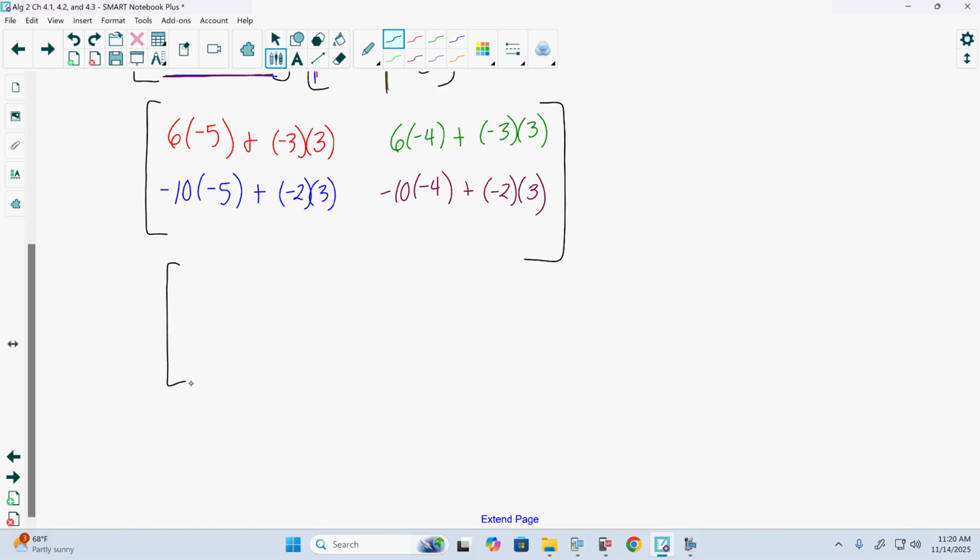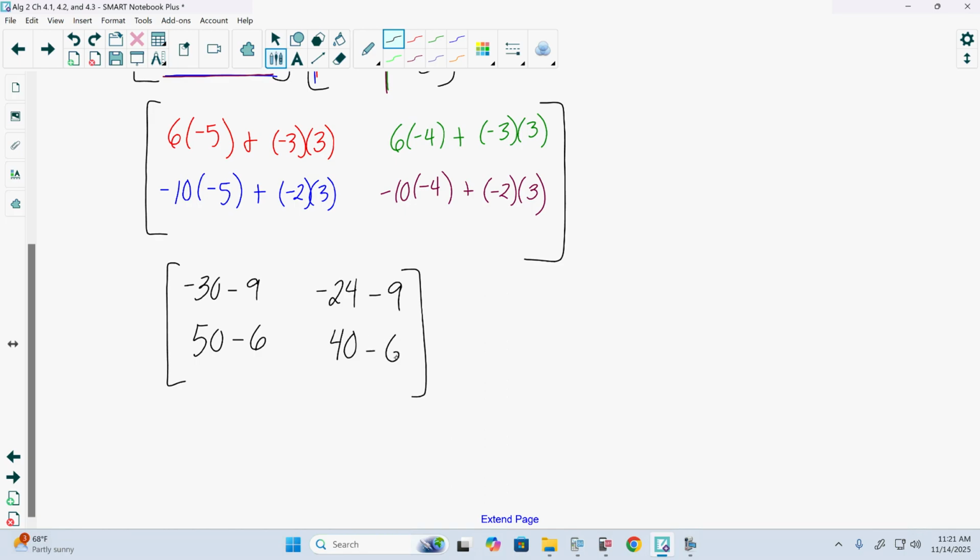Now at this point, I would just take each of those lines, 6 times negative 5 plus negative 3 times 3, just type the whole thing in, let it do it for us. But 6 times negative 5 would be negative 30. Negative 3 times 3 is negative 9. 6 times negative 4 is negative 24. Negative 3 times 3 is still negative 9. Negative 10 times negative 5 is positive 50. Negative 2 times 3 is negative 6. Negative 10 times negative 4 is 40.